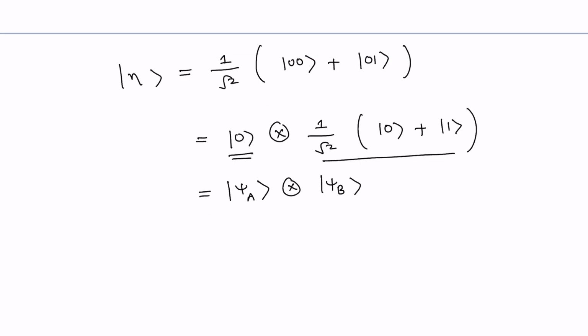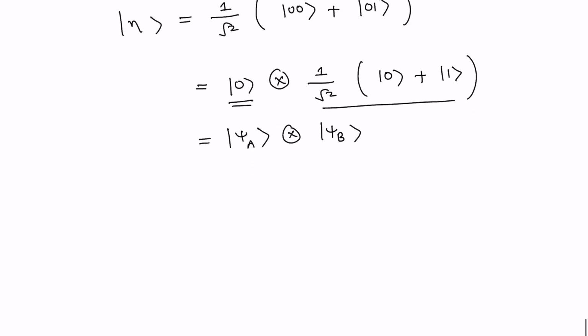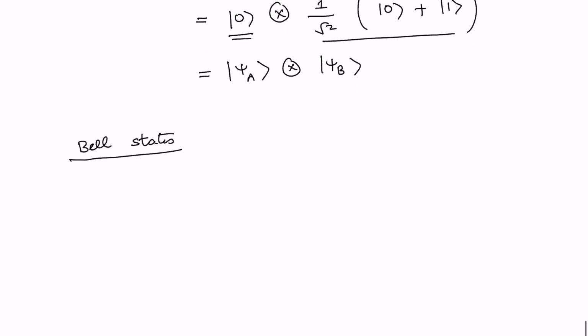Now there are a set of very important entangled quantum states known as Bell states, and these are very important for quantum information science and in quantum computation. These are as follows, and they are worth remembering. Let me just mention them. There are 4 Bell states.